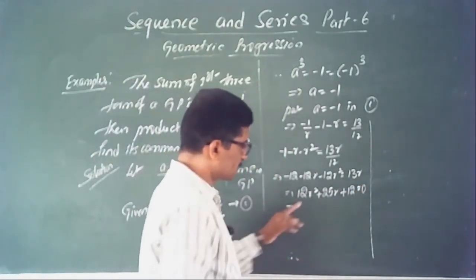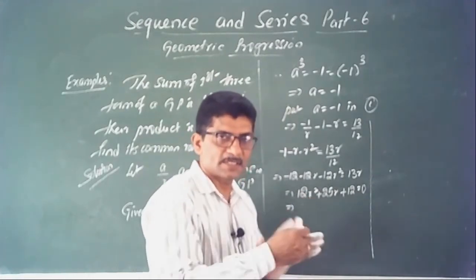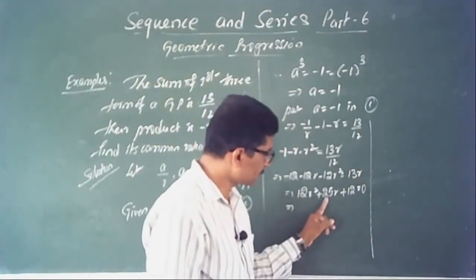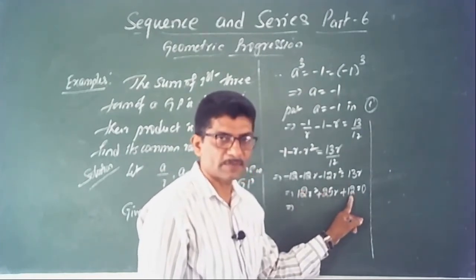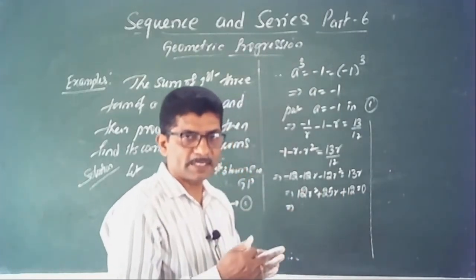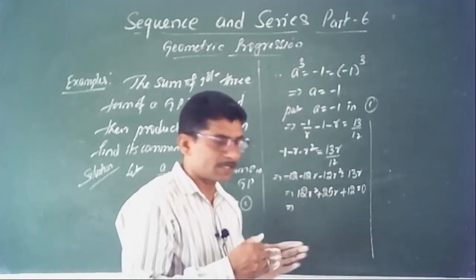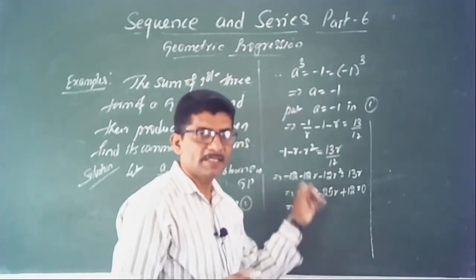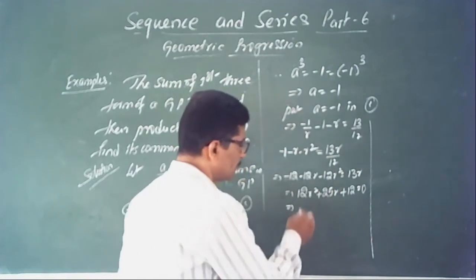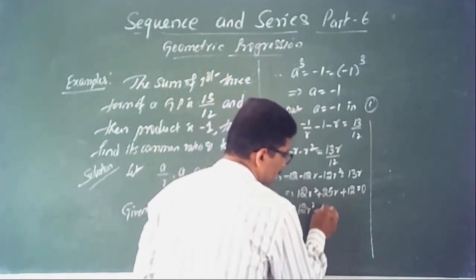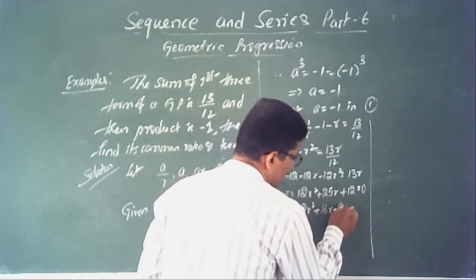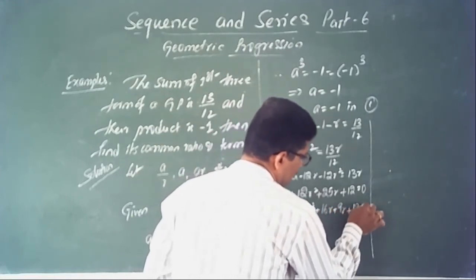Here this one is the quadratic equation in r. Split the middle term: the sum is 25, the product is 12 into 12, that is 144. 25 can be split as 16 and 9, adding 16 and 9 gives 25, 16 into 9 is 144. Therefore we can split the middle term: 12r square plus 16r plus 9r plus 12 is equal to 0.